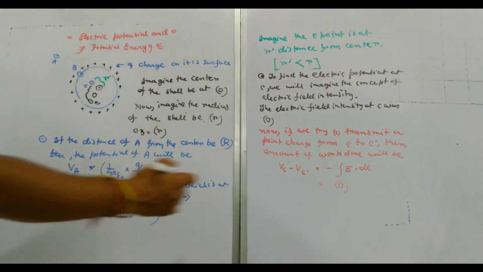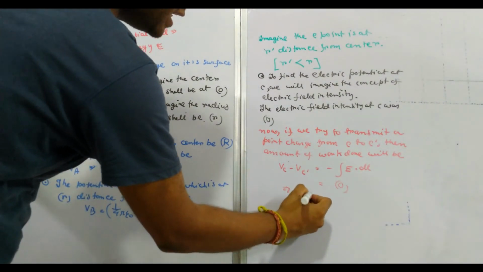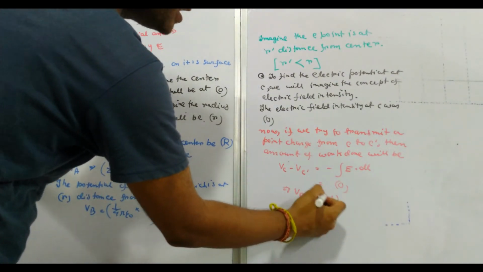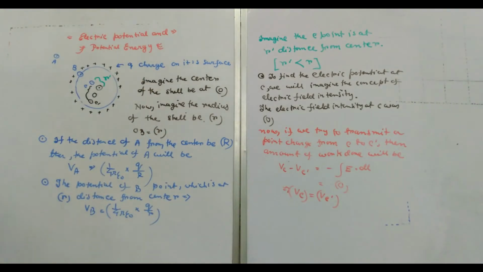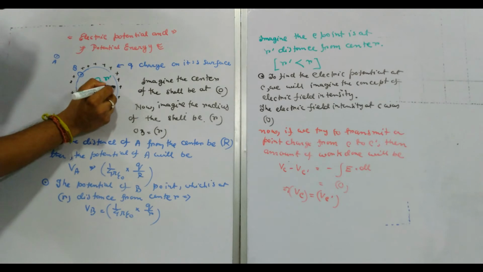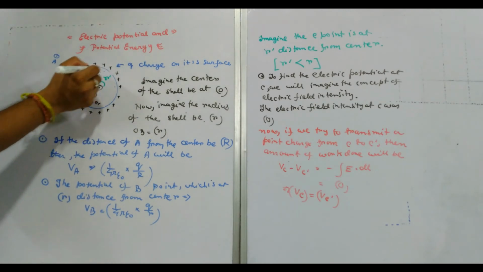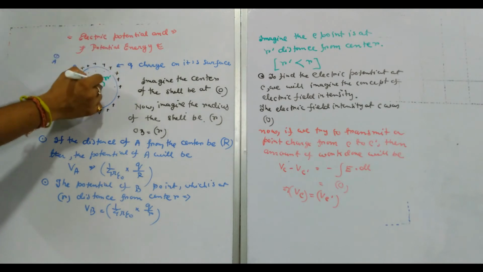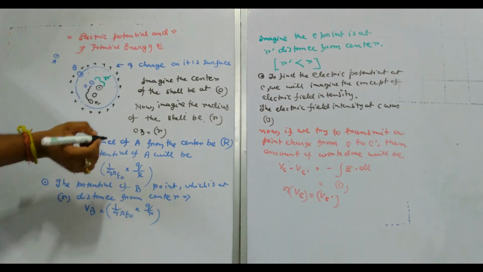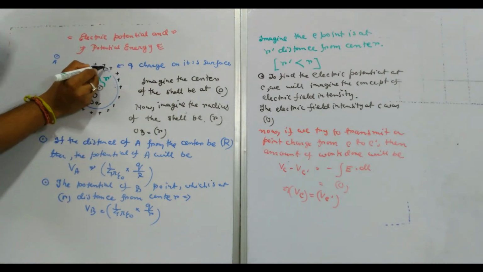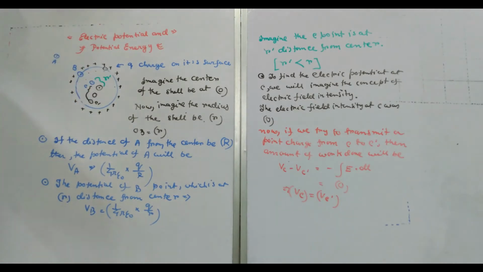So we can write that the potential of Vc must be equal to Vc dash, and think about the concept. So throughout any points that are placed over here, if we try to transmit the point charge from C to anywhere, up to the point B the work will always be 0.